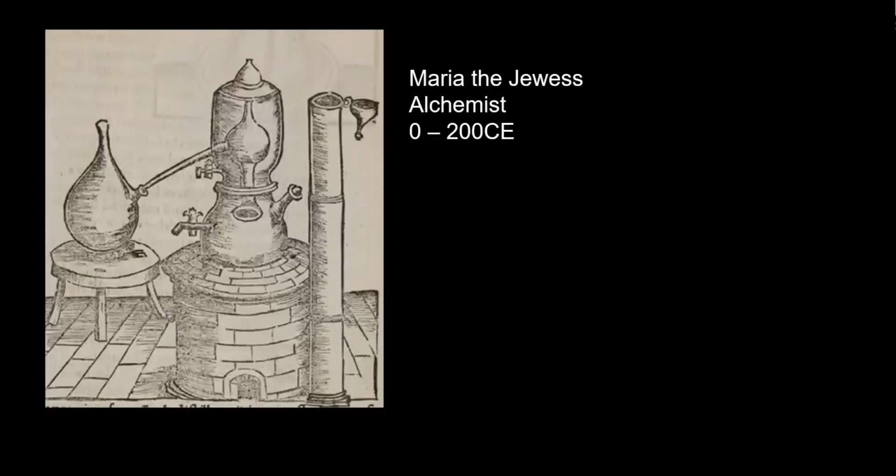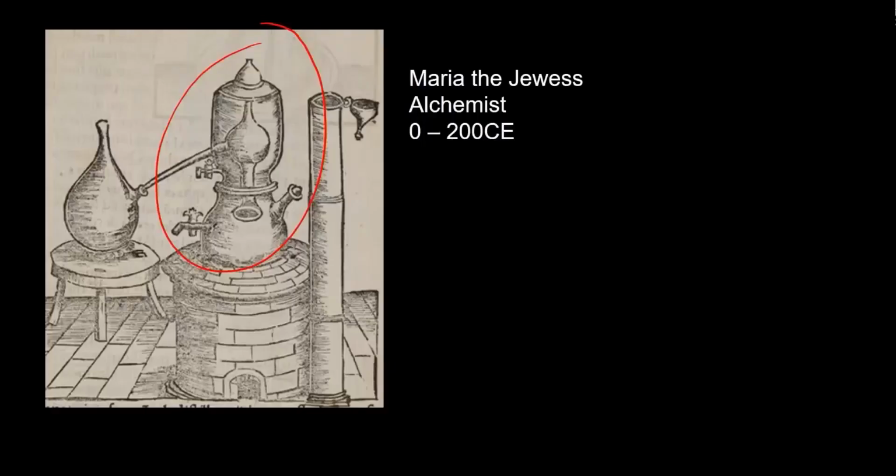Now, she's said to have developed a whole lot of apparatus for distilling. Now, you can see in this picture, there's distillation going on here. In this picture here, there's boiling and evaporation to try and get refined and distilled pure substances. So that is what she is remembered for. She is part fact and part myth.